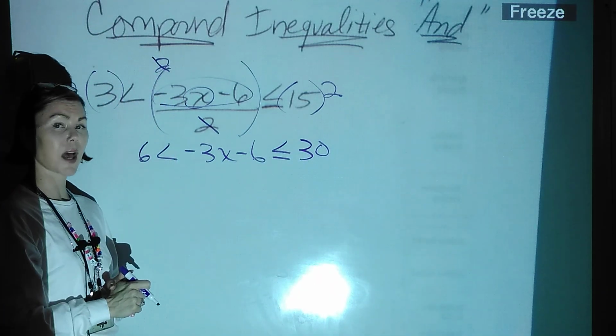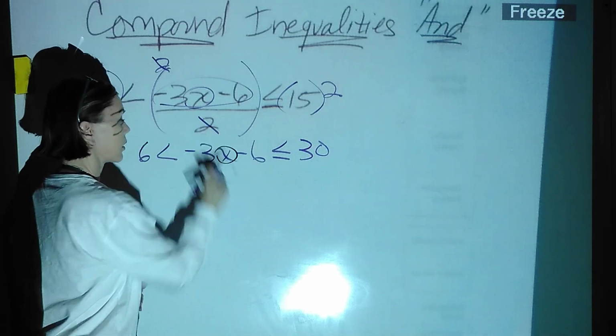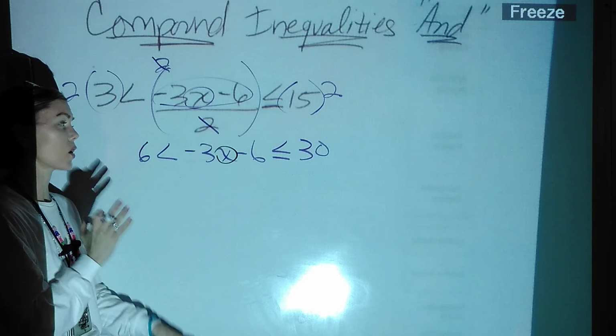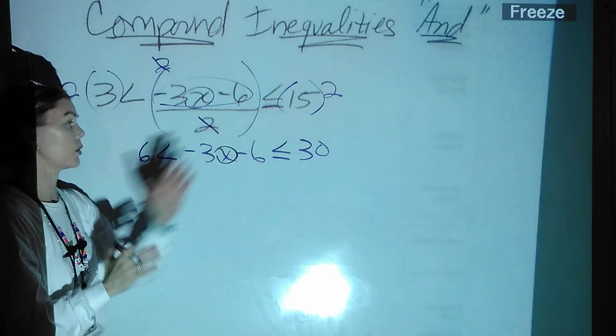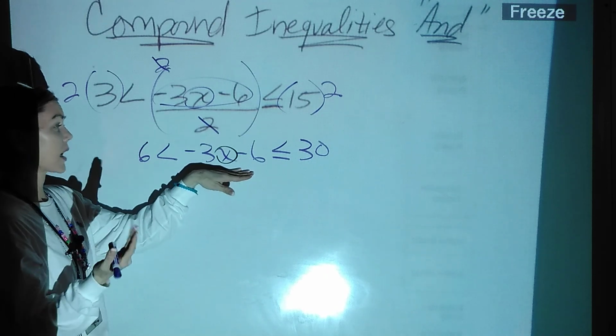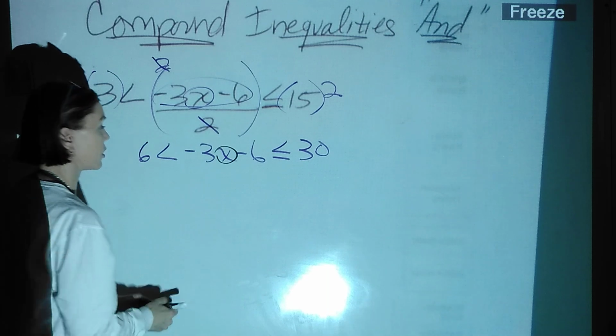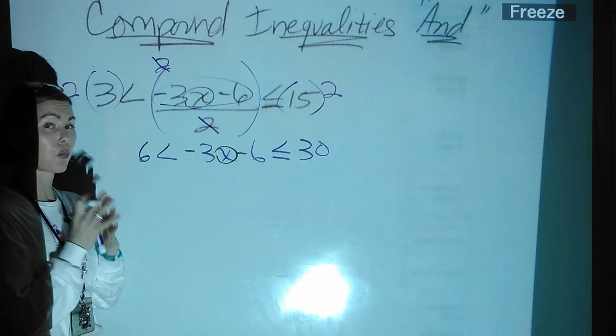Everything's fabulous. Have we solved for X yet? No. We want to get this X all by itself in between the two inequality symbols. So we look at this and say, we're going to have to add 6 and divide by -3. But we have to do each step one at a time.